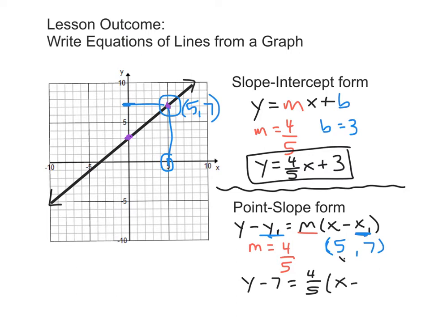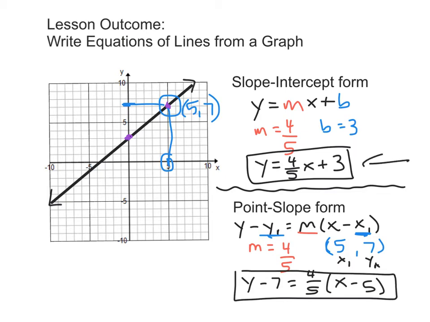Remember, this is our x1, and this is our y1, because that's what we just got from our graph from that point that we chose. So x1 is 5, so that's going to go right here. So this also is the equation for that line. This one is in slope-intercept form, and this one is in point-slope form, but they are exactly the same line.